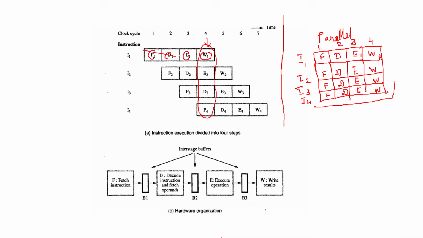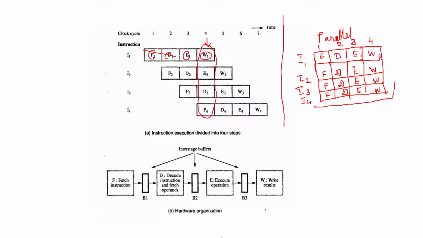This is the hardware arrangement for 4-phase instruction execution. In the first clock cycle, the instruction will be fetched and stored in the intermediate buffer. Then in the second clock cycle, we have a decode unit. It decodes the instruction. It also fetches the operands in the second clock cycle itself. Keep that in mind. Then at the end of the second clock cycle, the operands are stored in the intermediate register buffer B2.